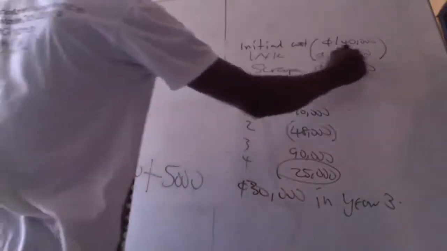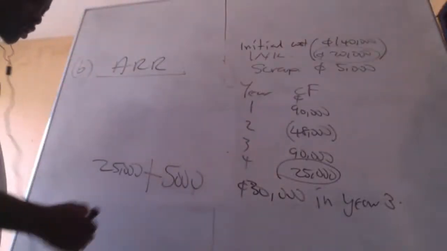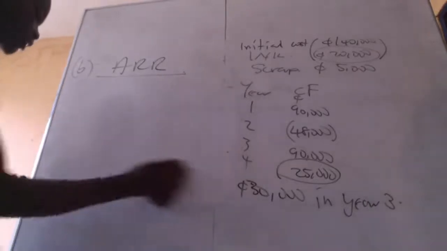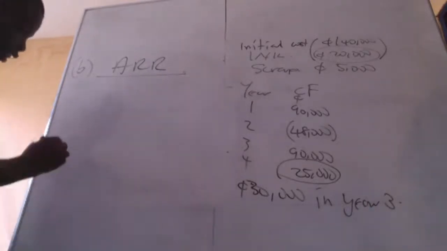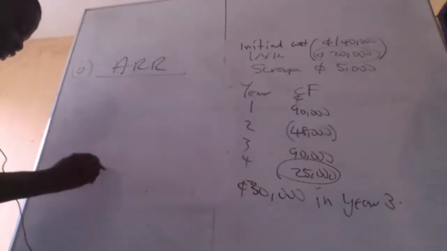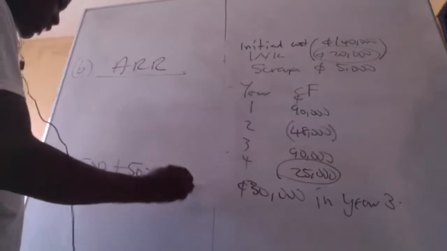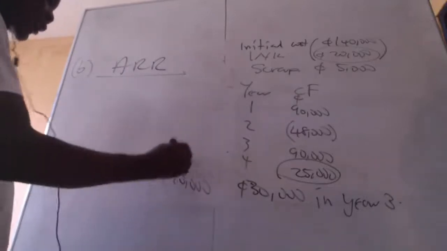We said working capital will be released at the end of the project life, which is 20,000. Yes, so plus 20,000. That gives us what? The 50,000. The 25,000 plus the 5,000 plus the 20,000.